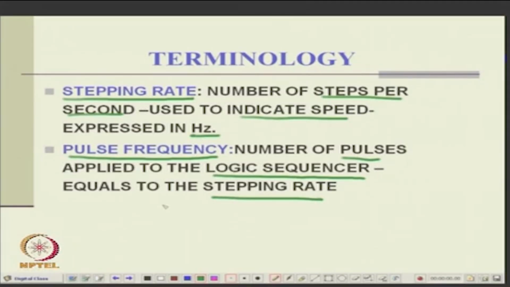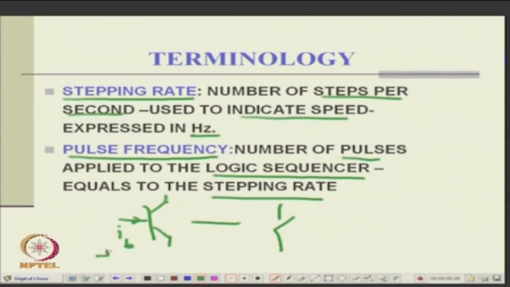Pulse frequency may be what you feed on the low power side to the base drive circuits. Then the stepping rate will be the same thing. After all, you put this signal here and then this works as a switch. Only when this current, you can call it base current, is injected.